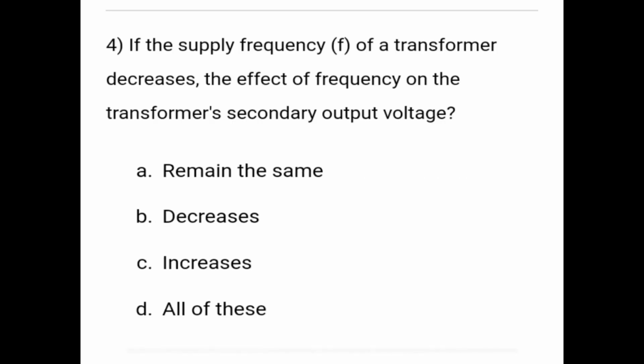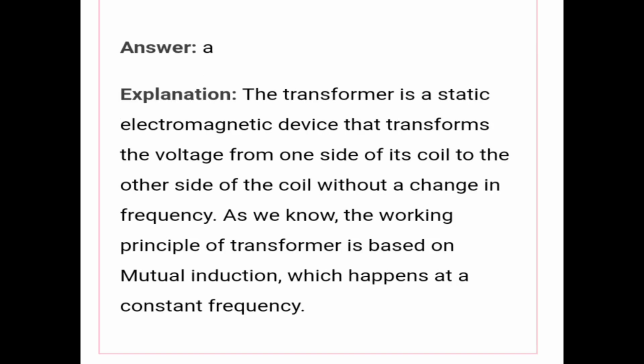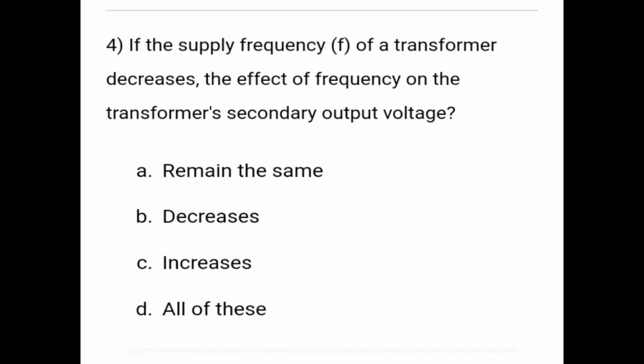Next: if the supply frequency of a transformer decreases, the effect of frequency on the transformer secondary output voltage: remains the same, decreases, increases, or all of the above. The correct answer is option A, remains the same. It means frequency remains the same.